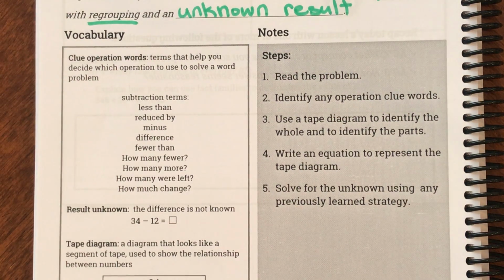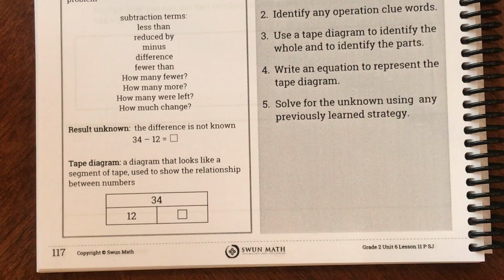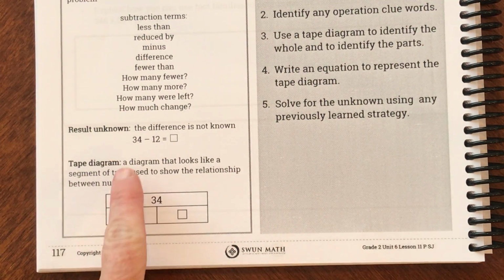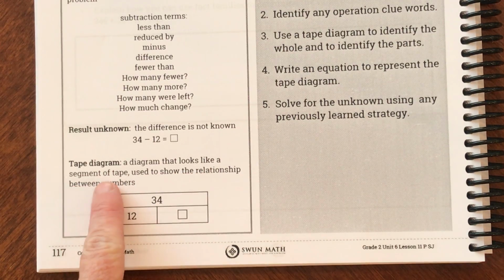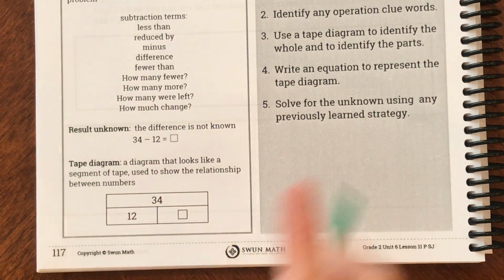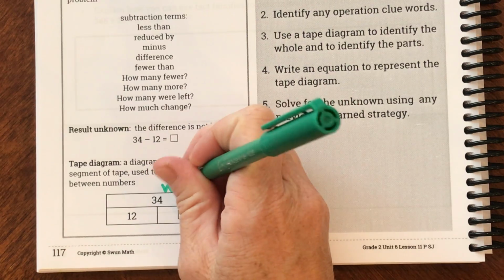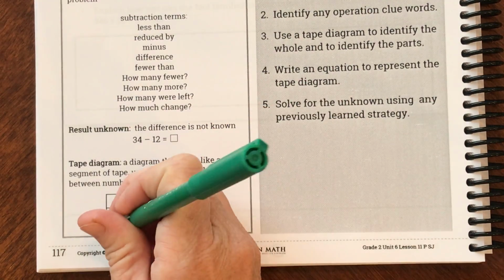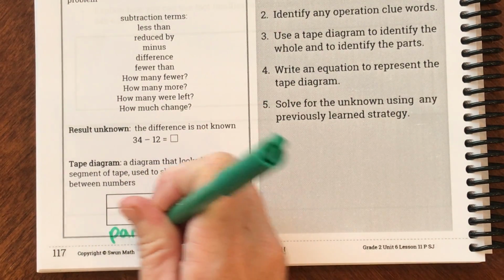And then we have this tape diagram at the bottom. And this is what we're going to use to kind of just understand our problem. It says, a diagram that looks like a segment of tape used to show the relationship between numbers. So this top is the whole. This is our whole. And this is our part.